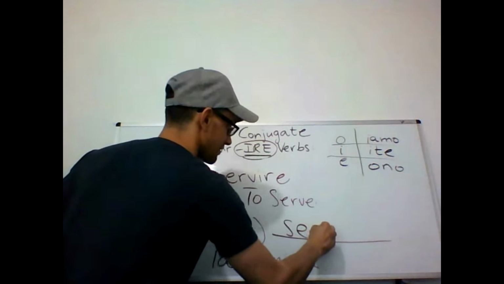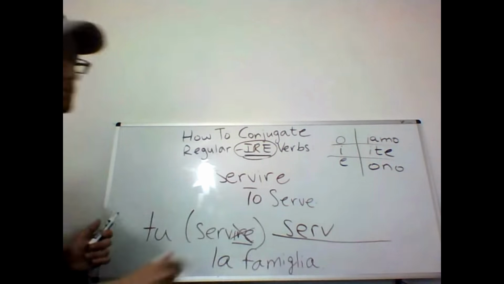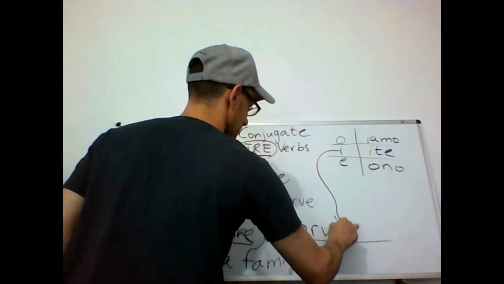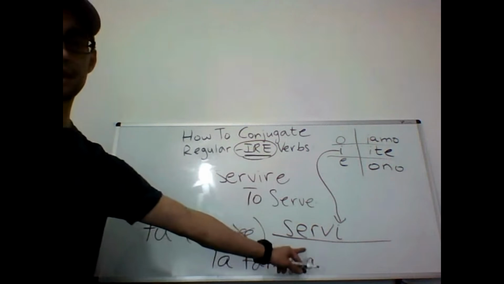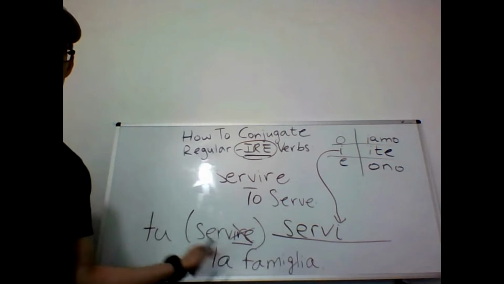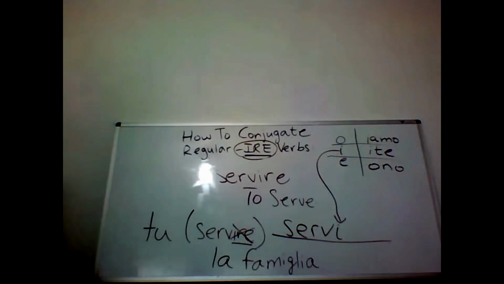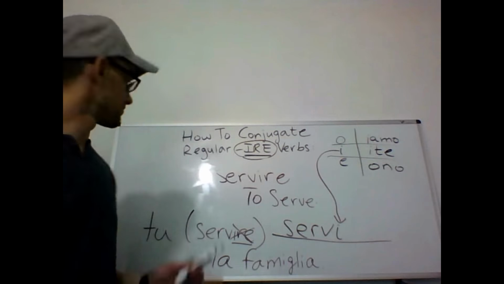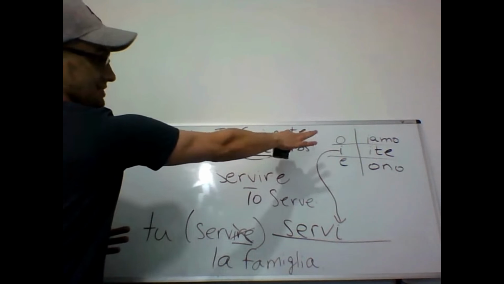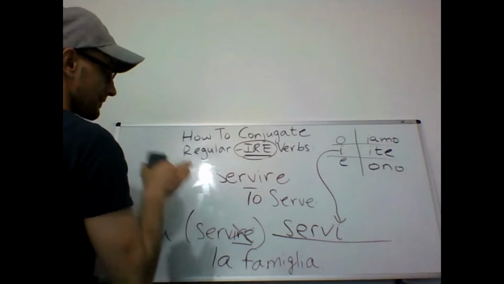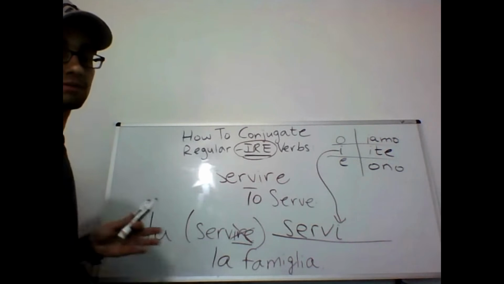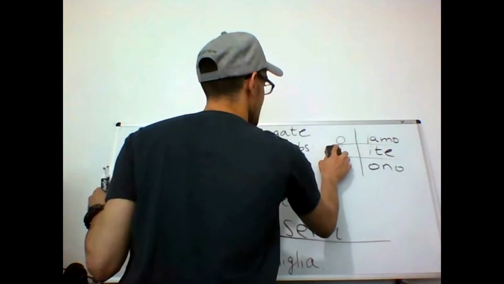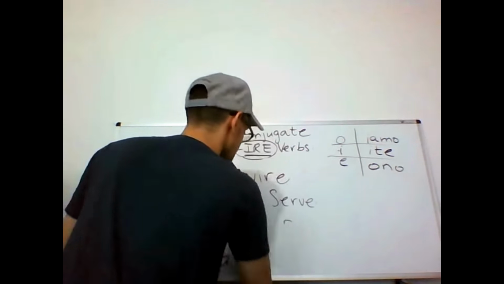Left with serv. What do I do? So, tu servi la famiglia. You serve the family. Pretty cut and dry. Really all it is implanting the stuff from that table to the proper subject pronoun, and you're making sentences. You're conjugating. You're making things make sense. All right?